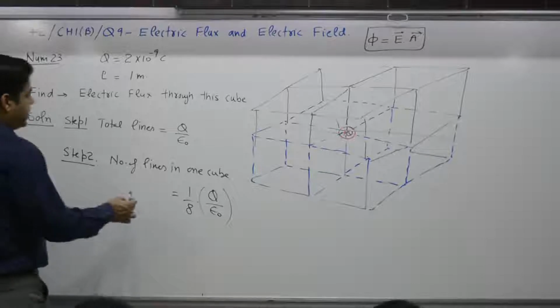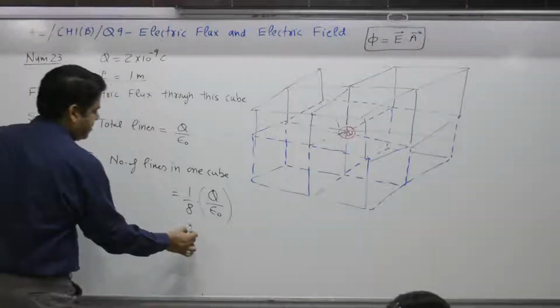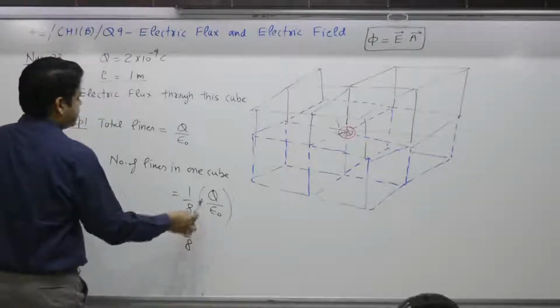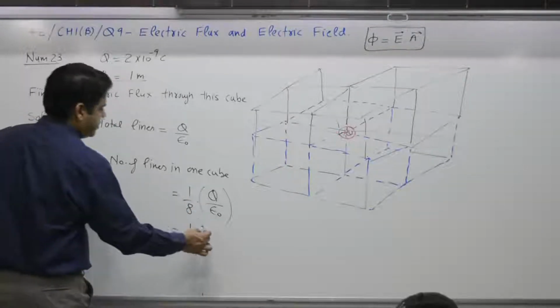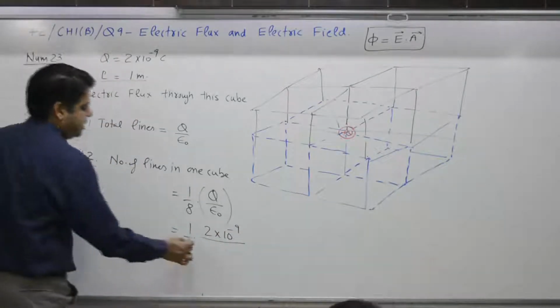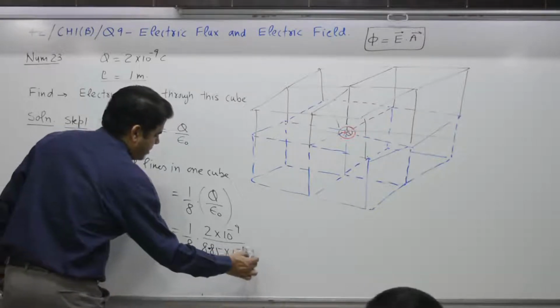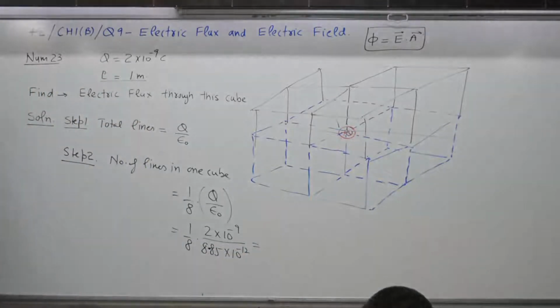So flux is equal to what? No role for L. L has nothing to do with this. 1 by 8 of Q by epsilon naught. Q is how much? 2 into 10 to the power minus 9. Epsilon naught is 8.854 into 10 to the power minus 12. Calculate an answer.